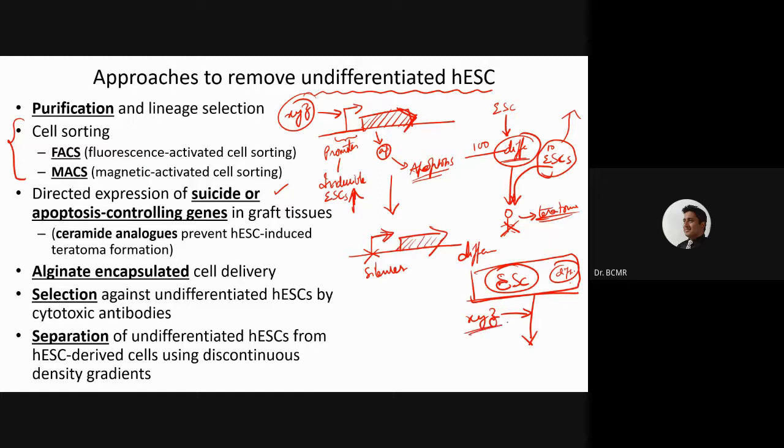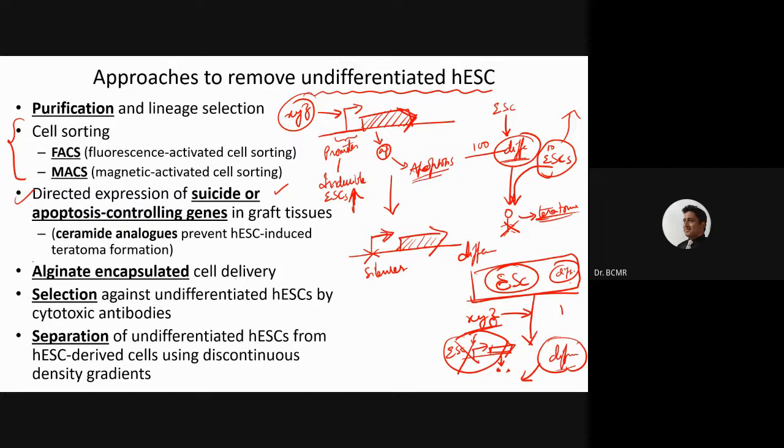So the XYZ, even if it is present, will not get activated. So differentiated cells will survive. Whereas in embryonic stem cells, the promoter is active, and if it is induced by XYZ, it will result in the formation of a protein that induces apoptosis, and the embryonic stem cells would be killed. So now we can take these differentiated cells and use them for therapy. That is the concept of what is given here. The basic concept, okay?